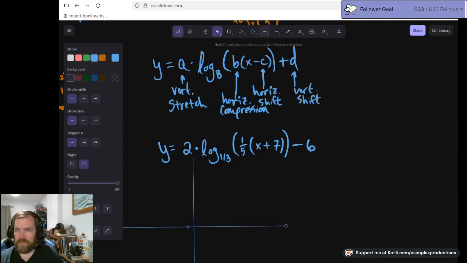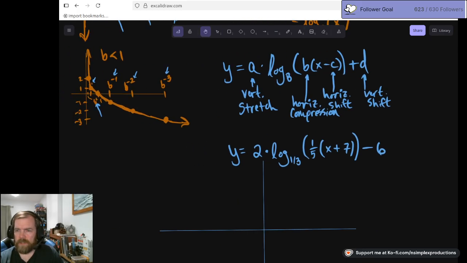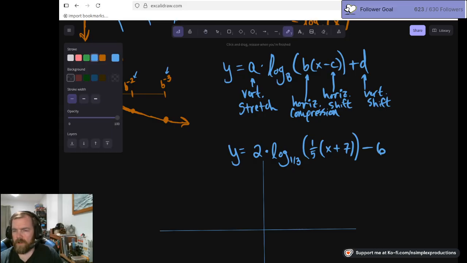Okay, so what we're doing is we're saying that our function is going to have a vertical stretch factor of 2, a horizontal compression factor of 1/5, which means that it's going to be wider, but also taller from the 2. The base of 1/3 is going to be, again, what typical shape is this going to have? More or less, it's going to be like this.